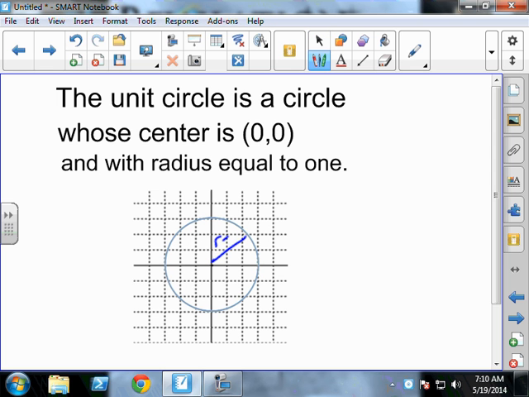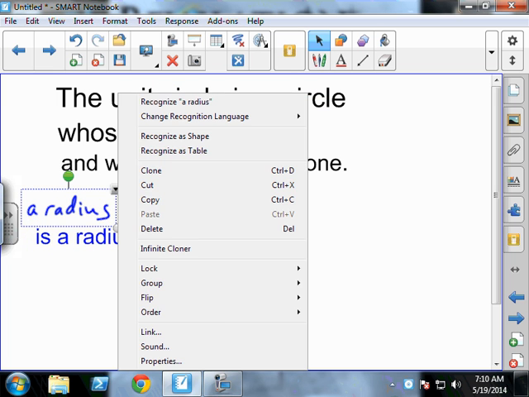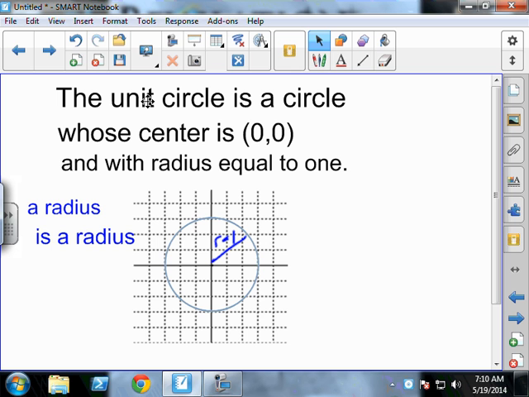One thing that you need to be aware of, and I know this might sound really trivial, but it is worth noting, is that a radius is a radius. You might say, what the heck does that mean? Well, because a radius is a radius, that's going to give us some coordinates on this unit circle that are going to be real easy to find and calculate.